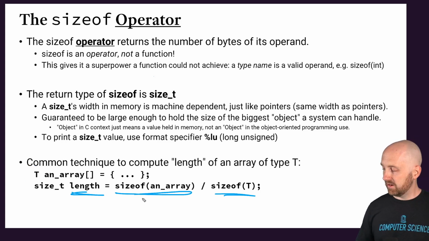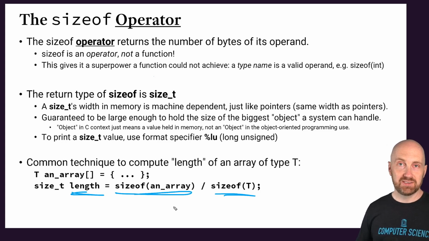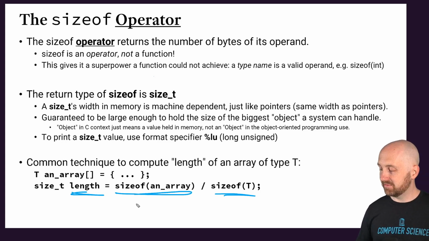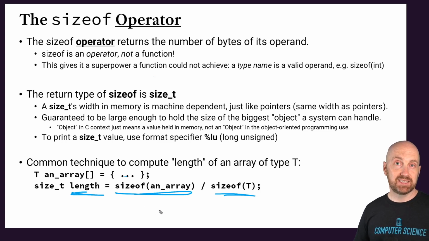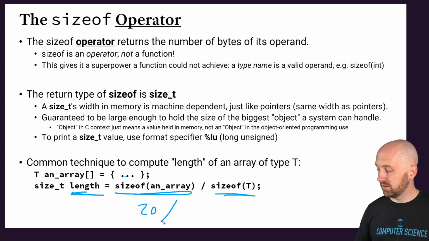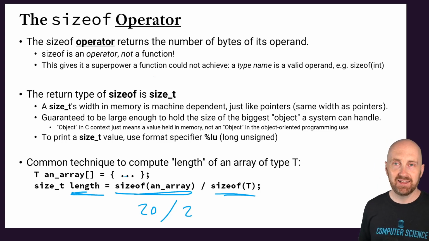So if we're dealing with chars, this is very straightforward. So if sizeof an array evaluated to 10, and sizeof T evaluated to what the size of a char was, that would be 1, we would know that the length is 10 characters, right? But if we were storing, let's say, like the previous example, a 16-bit integer, and sizeof an array returned 20 bytes, divided by sizeof whatever type this array stores, which would be 2, we would know that there are 10 elements in it as well.